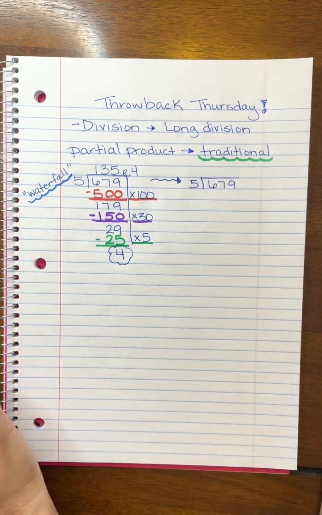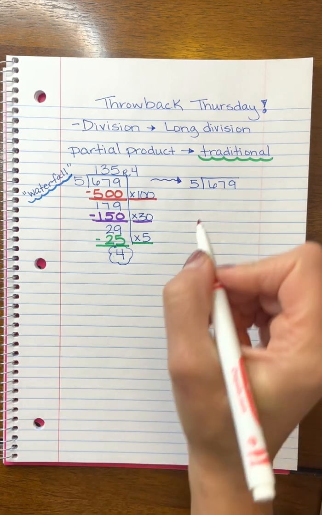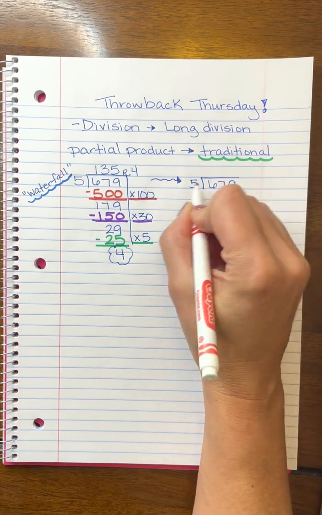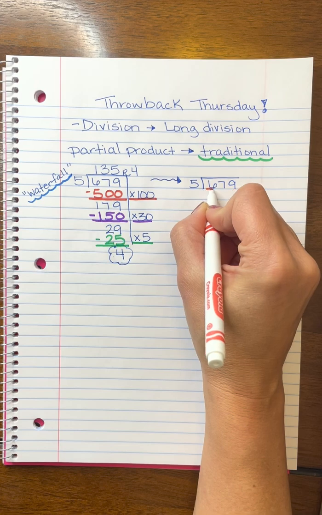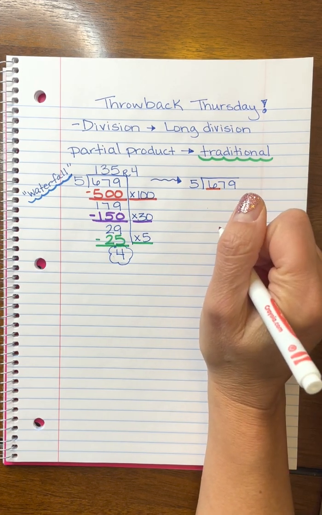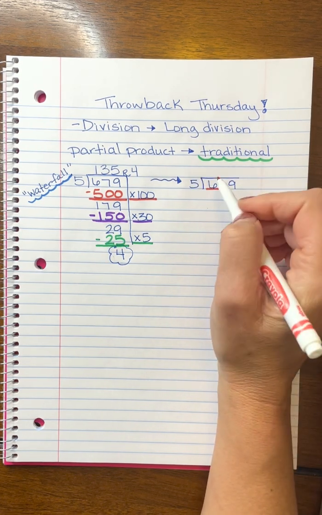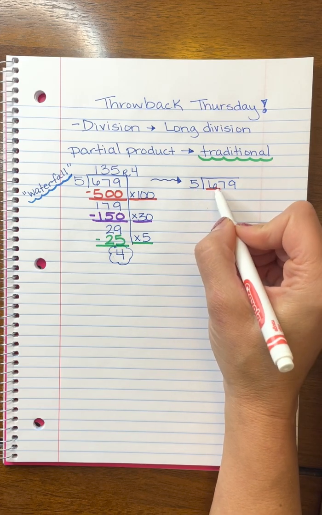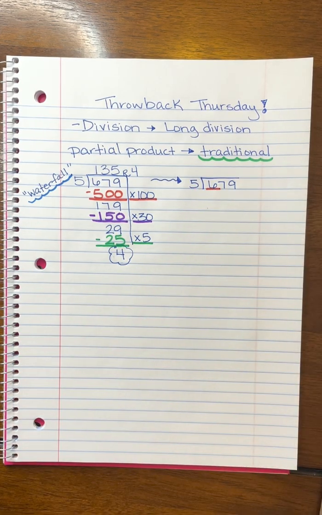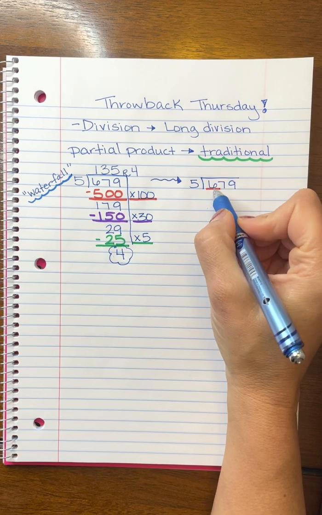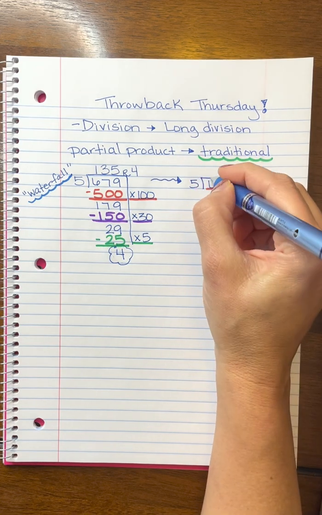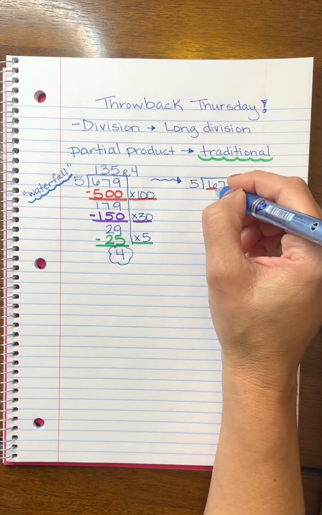Now what I'm going to do is think about these as just digits. I'm not really going to think so much about place value. I'm just going to be thinking 5 and 6. So 5 times what will give me close to 6?